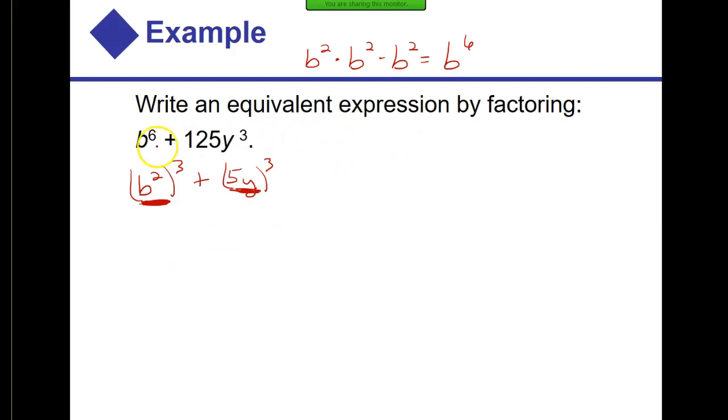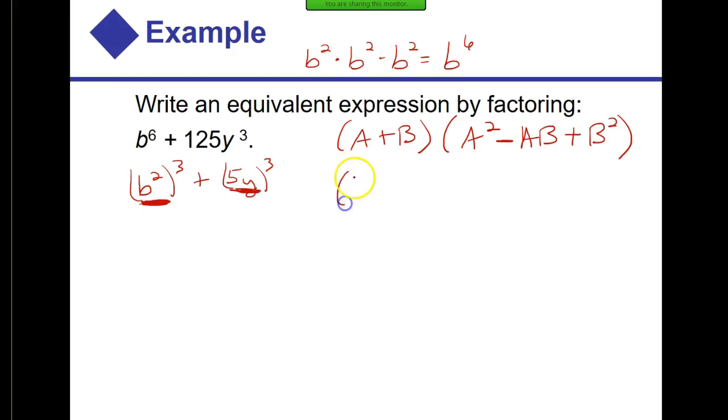I fill it in my formula. Now this one's a positive. So it's going to go a plus b, same sign, a squared, the opposite sign, ab, always positive, b squared. Alright, I fill it in. So everywhere I see an a, I'm filling in b squared. Everywhere I see a b, I'm filling in 5y. That's 5y.